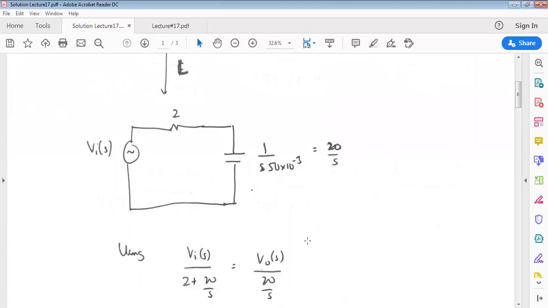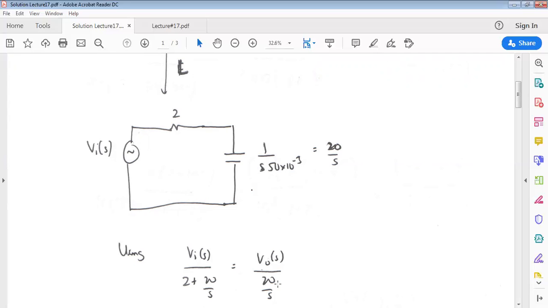By using the voltage division rule, we can say that the input voltage over 2 plus 20 over S, which is the total impedance of the circuit, shall equal V naught S divided by the impedance of the capacitor.